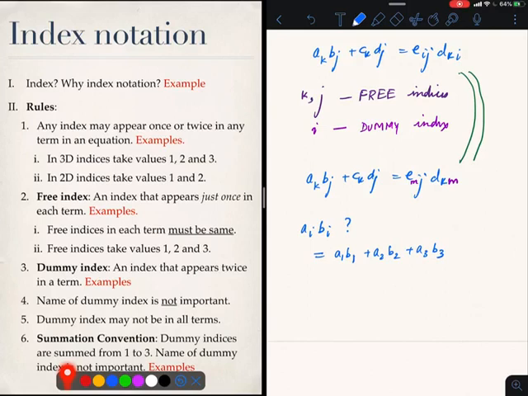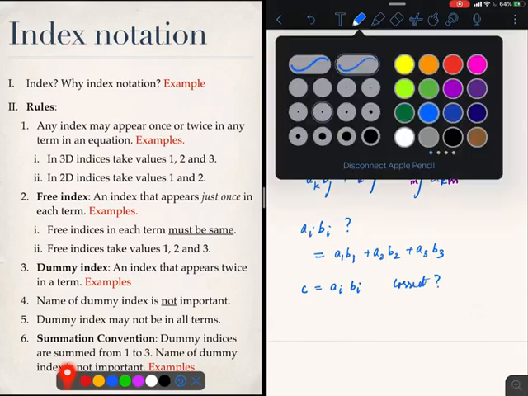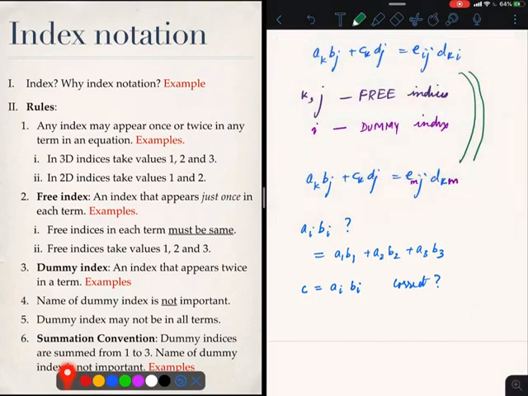Now let me give you an example of this. If I write an equation like C equals A_i B_i, is this equation correct? Well, yes, because i is a dummy index, and a dummy index may not appear in all terms, so it doesn't appear over here.